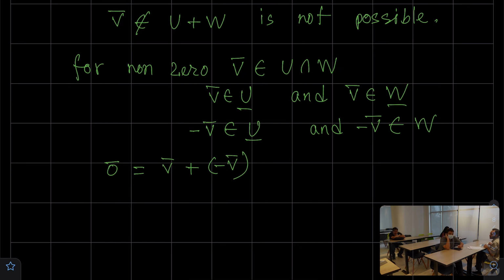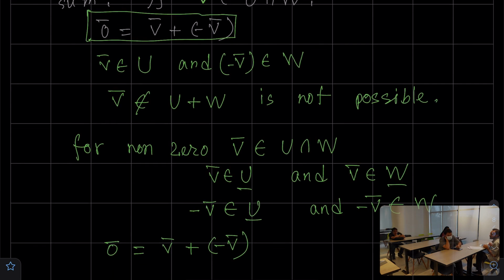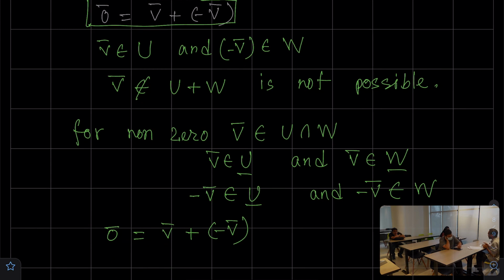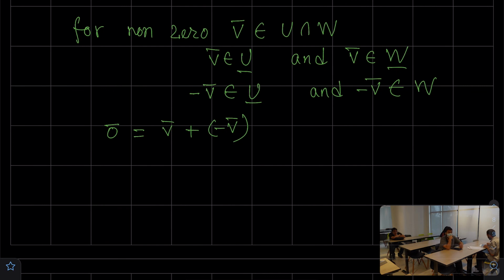From the previous theorem, you know that there is only one representation of 0. If it is a direct sum, then the other representation of 0 is 0 vector plus 0 vector.